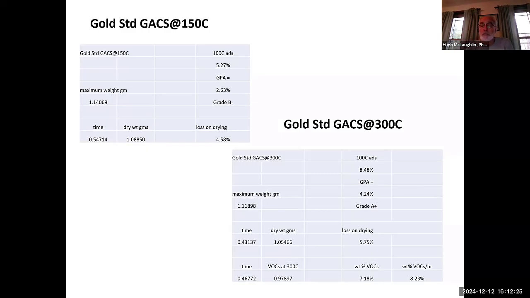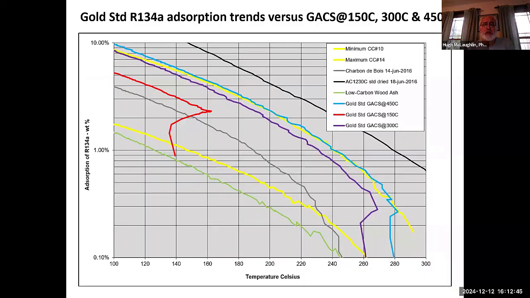And then 300 some material came off. We removed 7% of the VOCs, and we saw the absorption dramatically leap up, which tells us the VOCs are in the absorption sites, which has a couple implications, but I don't want to dive into speculation.